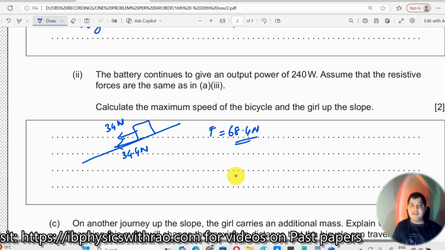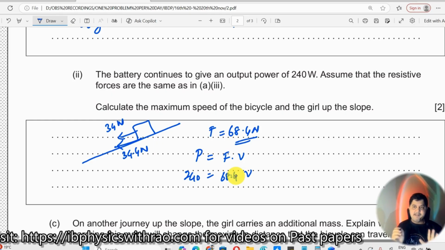Now what do we need to find? We need to find out the maximum speed. How do we find it? We know that the power delivered is always the same. It doesn't change, right? Which should now be equal to F into V. Once again, 240 should be equal to 68.4 multiplied by velocity. In fact, we don't even need to calculate this. When it was 34 newtons, it was 7 meters per second. When it is 68 newtons, it automatically becomes 3.5 meters per second.